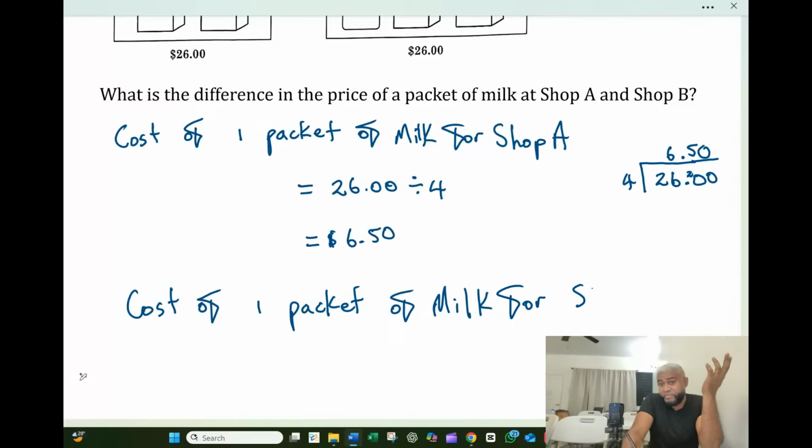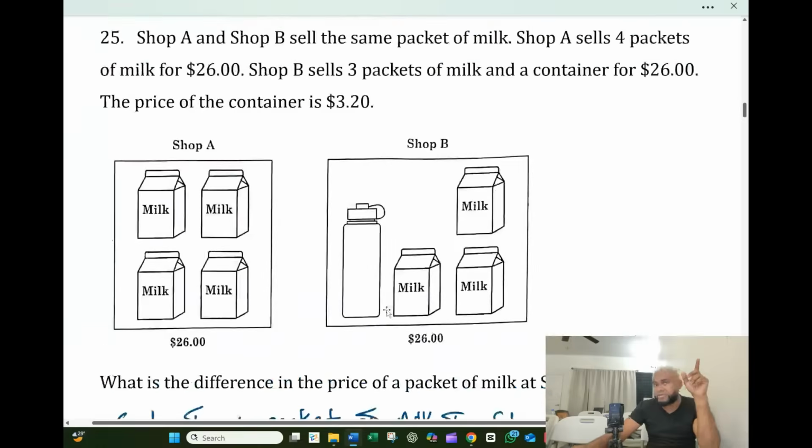For shop B. Okay, so the thing about shop B is that there was a container that cost $3.20. So what do I need to do before I find the cost of one of these packets? I need to minus that $3.20 from that 26, right?